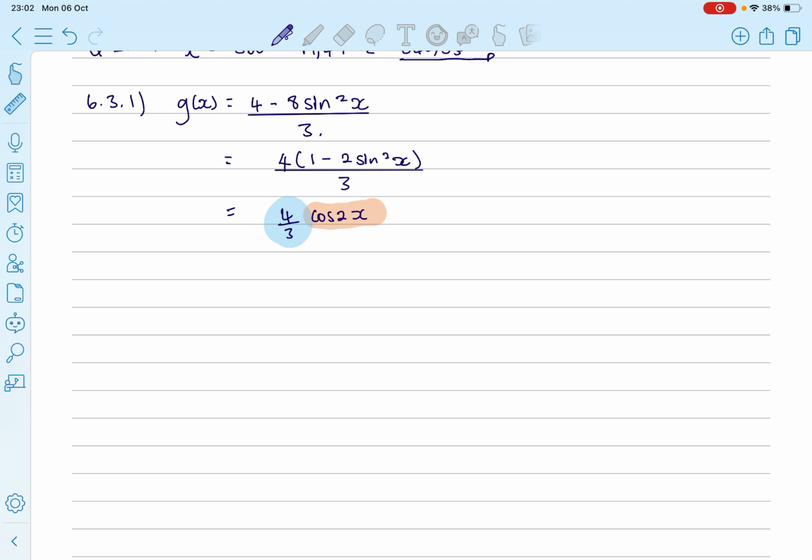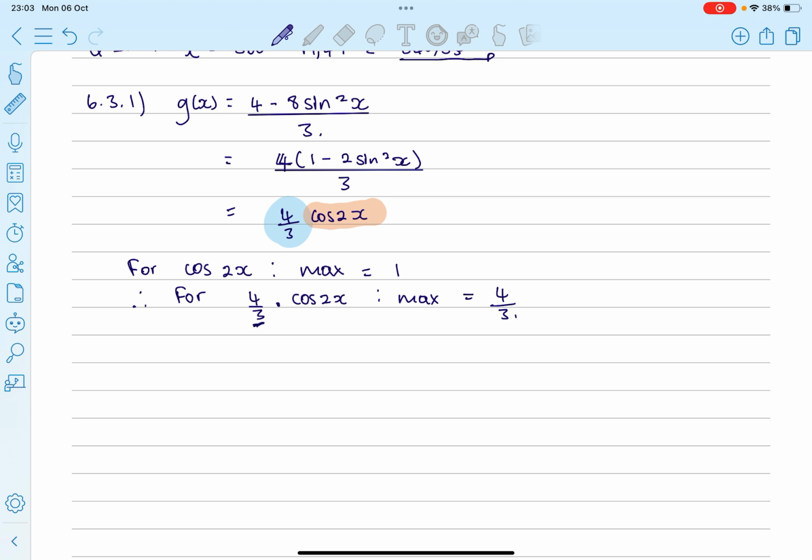So therefore, cos 2x maximum is equal to 1, right? So therefore, 4 over 3 multiplied by cos 2x, where this is just your amplitude, that means the max will now be equal to just 4 over 3. And that is our final answer.